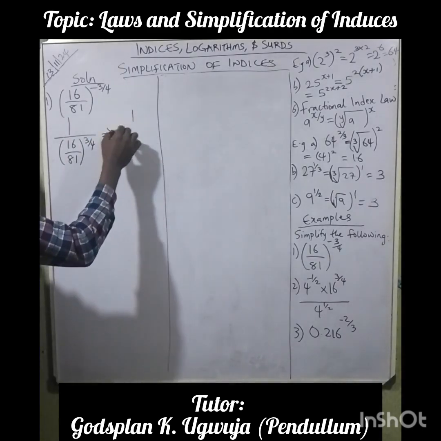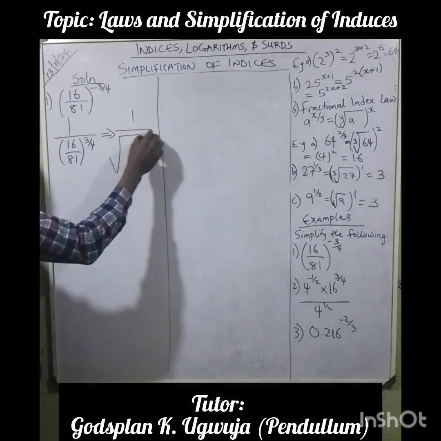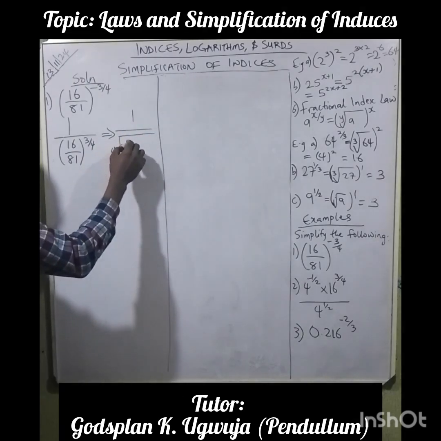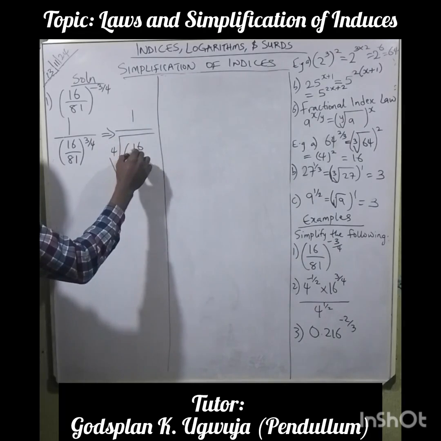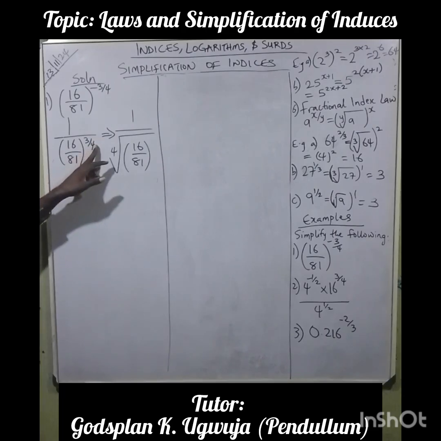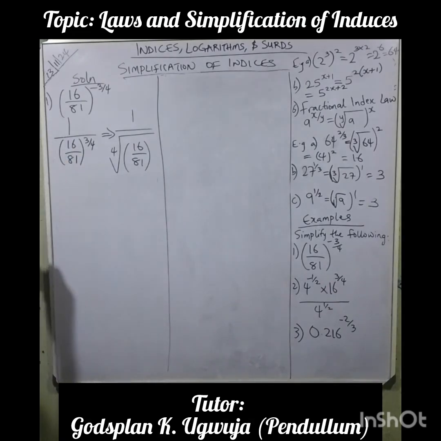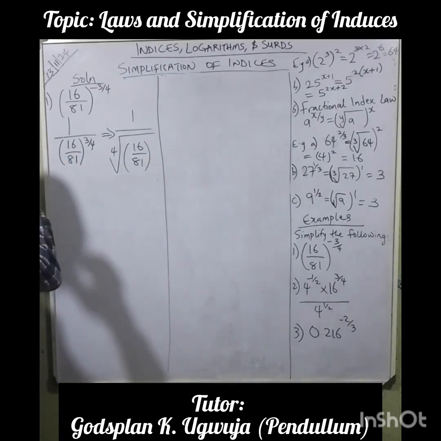That means this will give me 1 over, our denominator is 4, so the fourth root of 16 over 81.